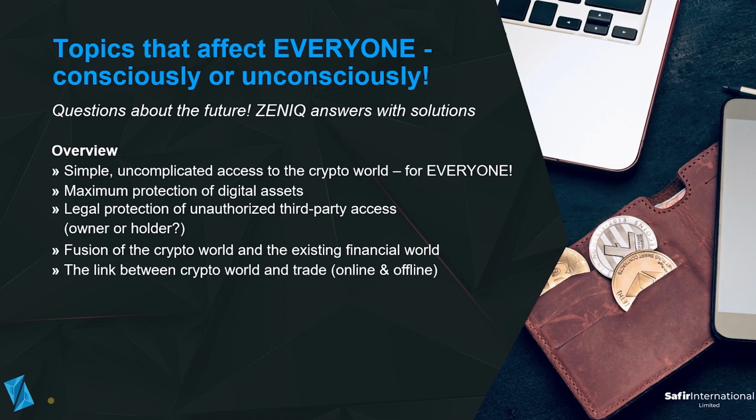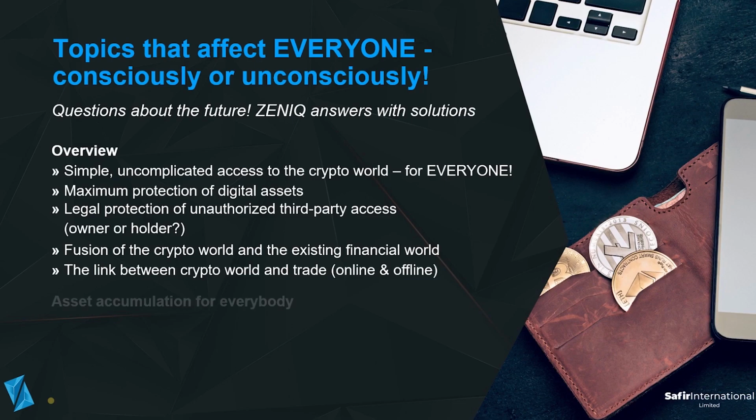So you can, for example, go online shopping and pay with your credit card that is combined with the Zeniq Hub. You can go offline shopping, doing your daily shopping, for example, paying rent for your car, for your home, whatever.